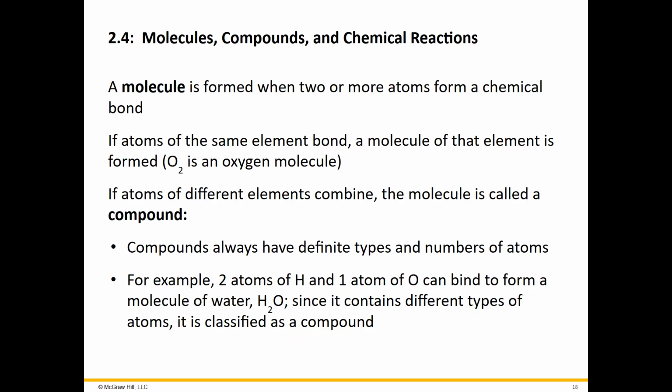Now, molecule and compound. A molecule is formed when 2 or more atoms create a bond, okay? Specifically a covalent or a hydrogen bond, okay? If atoms of the same element bond together, it forms a molecule. So if oxygen bonds with oxygen, it's going to have 6 electrons in its outer shell, so it needs 2 from each other.